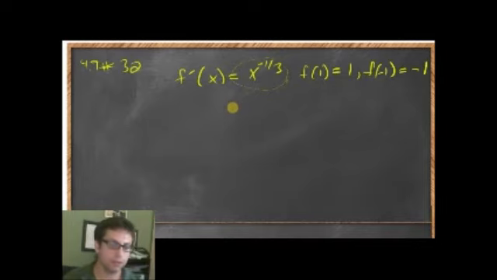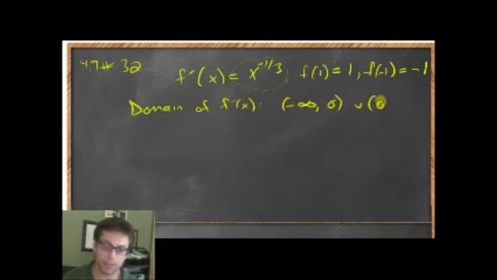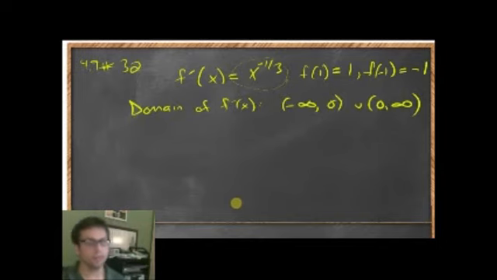Okay? So on its domain, the domain is actually split up. Let me write that. Domain of f prime. It's split up to be negative infinity to 0, and then 0 to infinity. So that means this function is technically a piecewise function.